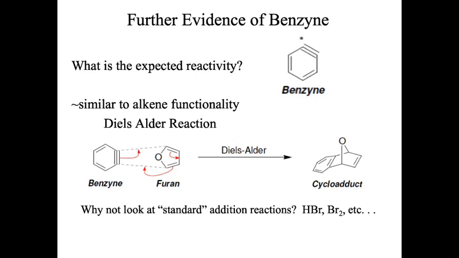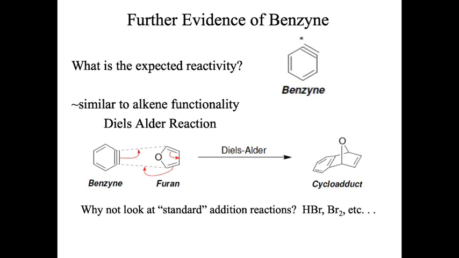The other reason why we know it exists: Diels-Alder reacted dienes with dienophiles. A benzyne would be a really good dienophile. It's just a pi bond that wants to react. Aromatics won't react in a Diels-Alder. Benzynes will. And you can end up getting a Diels-Alder reaction coming out of it, which is really, really neat, personally.